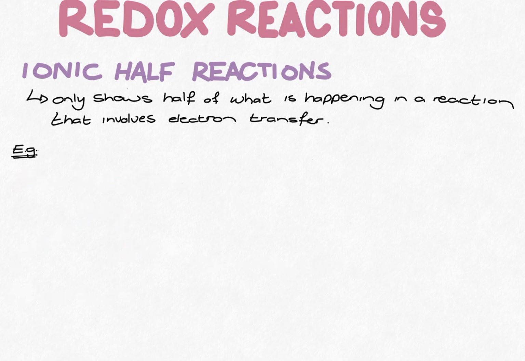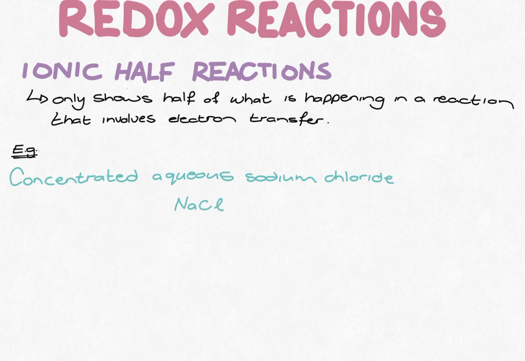The next example is of concentrated aqueous sodium chloride. So this would be NaCl. Now because it is concentrated, it means that my chloride would react and not hydroxide. But if we look at sodium, hydrogen is less reactive than sodium.